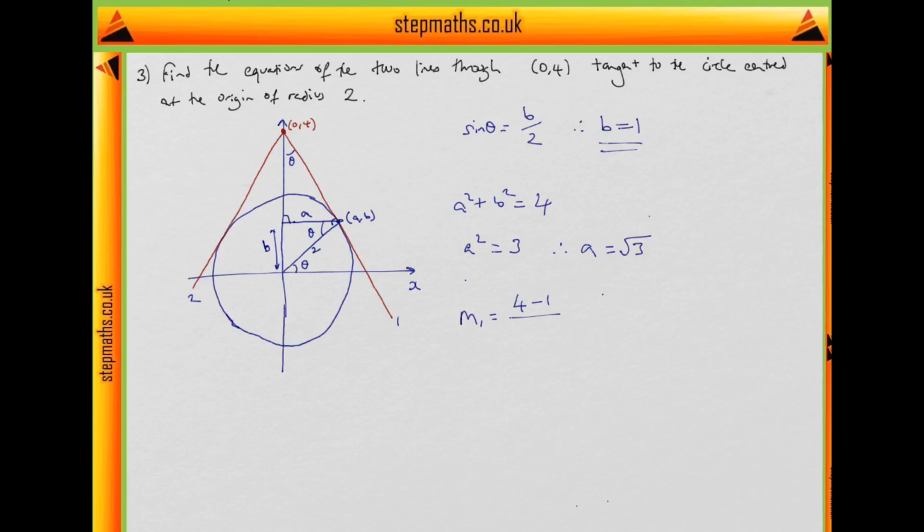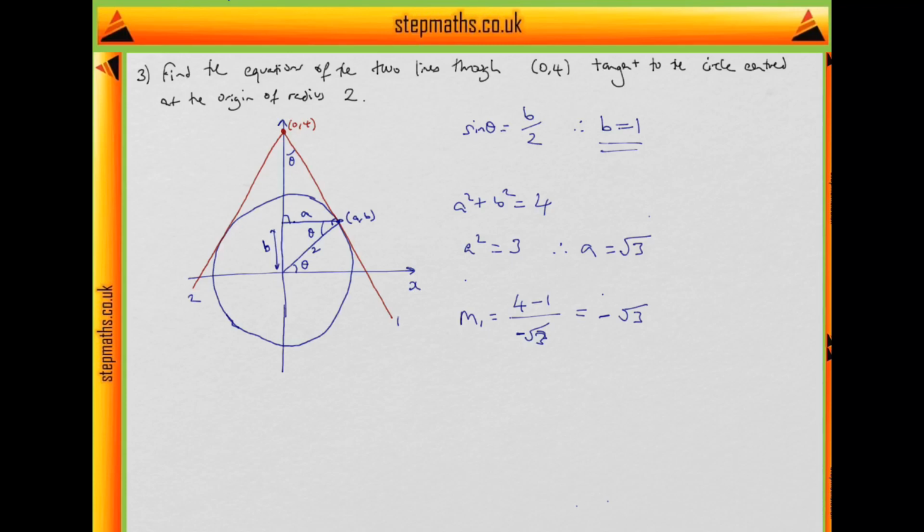So that's minus root 3, because we've considered the direction from this point to this point. So that's minus root 3, up 3. That gives us a gradient m1 of 3 over minus root 3, or simply minus root 3.